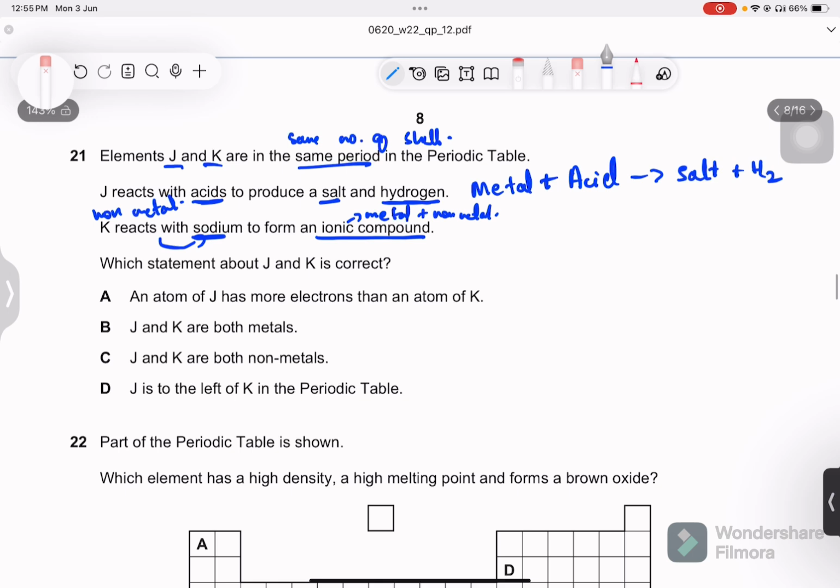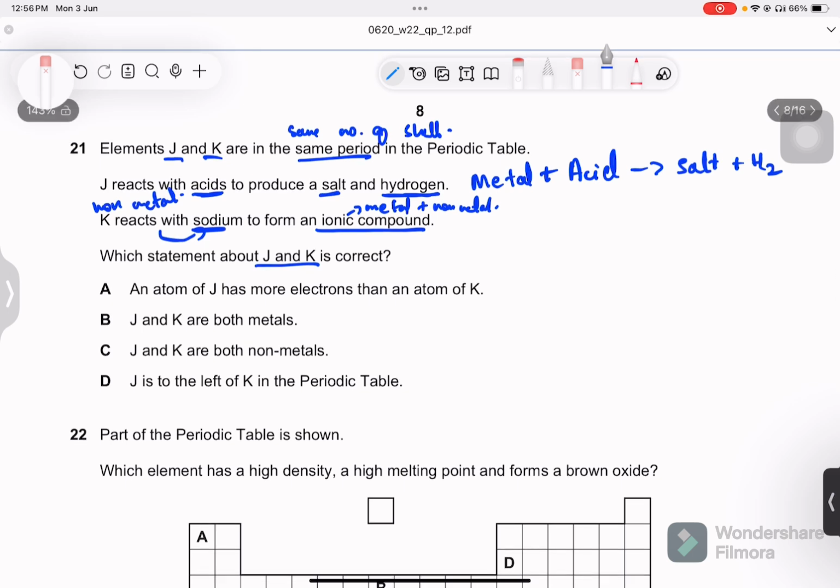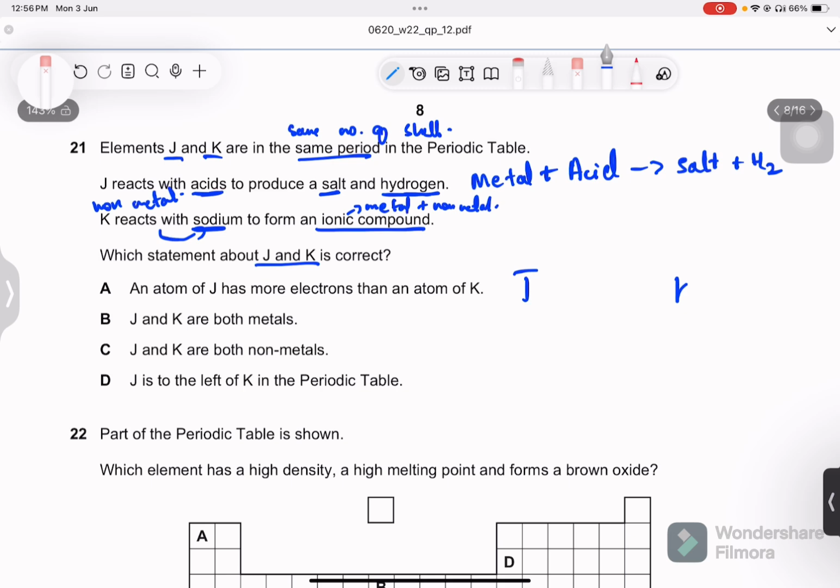So now we have our theory in order. Let's look at the options. Which statement about J and K is correct? An atom of J has more electrons than an atom of K. Sorry, K is a non-metal and J is a metal. So the proton number, or the number of electrons, increases along the period. They do not decrease. So J is over here and K is over here.